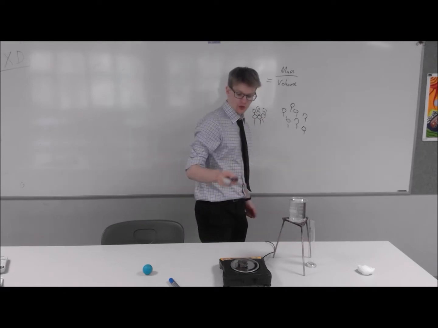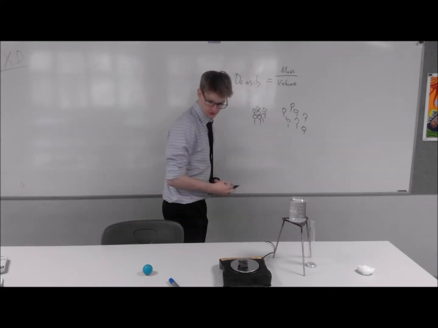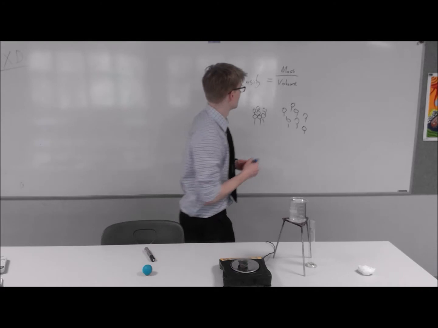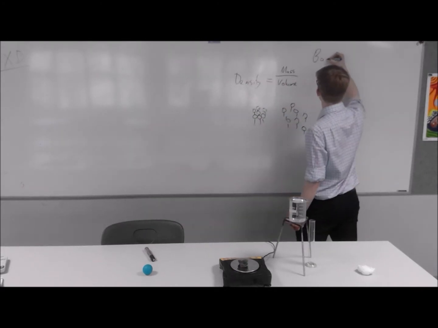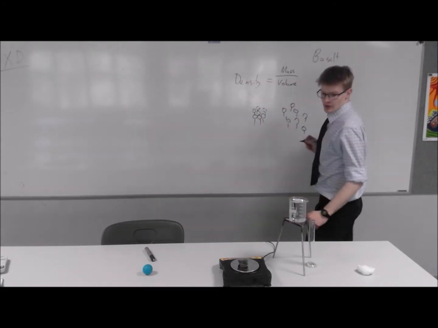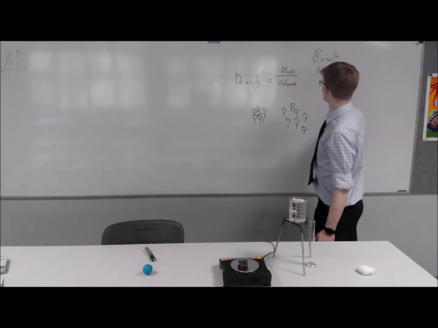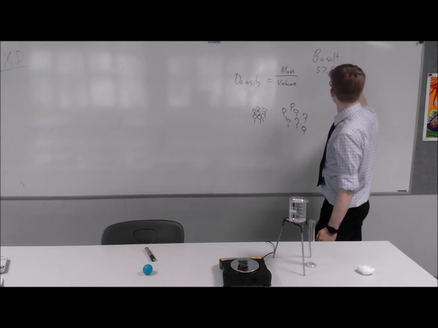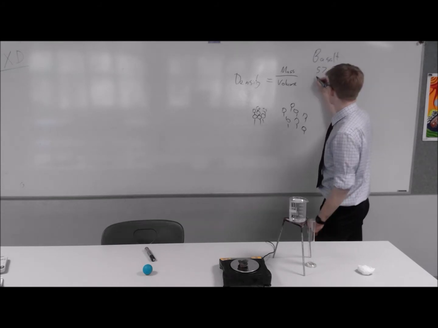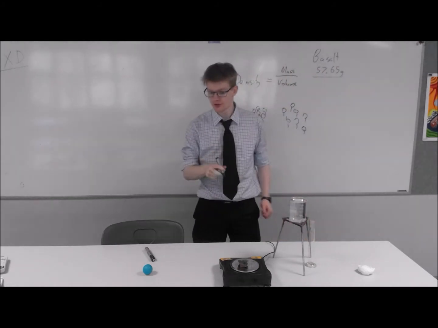All right. So this rock right here, this is actually basalt. This rock of basalt has a mass of 57.65 grams, okay? So mass is measured in grams.